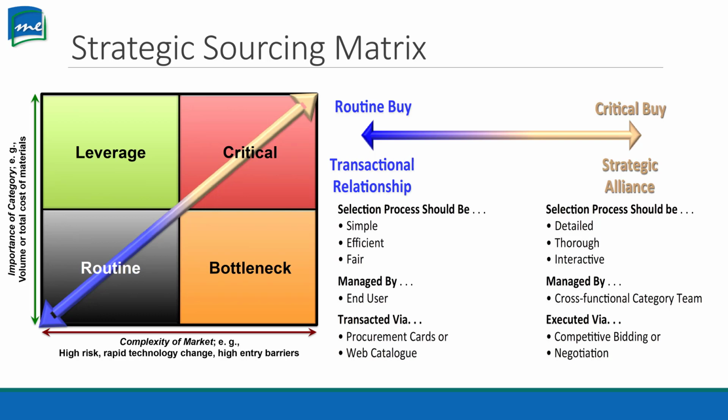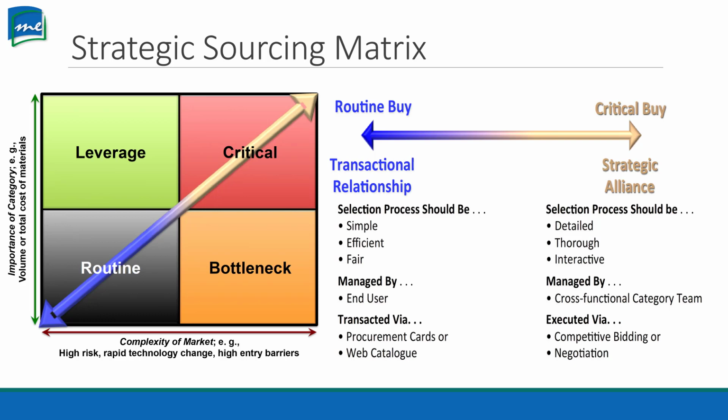Is it a transactional relationship where we just go to a store and buy it off the shelf and we pay whatever price is on the shelf? Or are we going to have a strategic alliance where we're going to be so combined with our supplier that you really can't tell the difference between one ending and the other one beginning? It's just so well working.